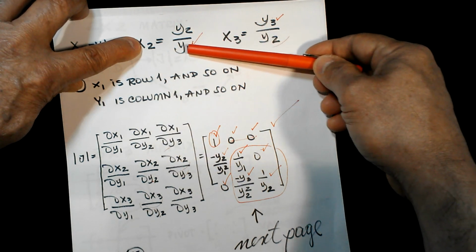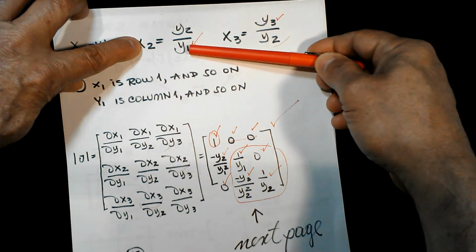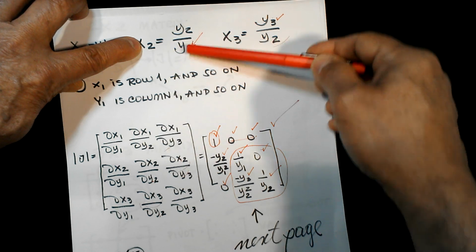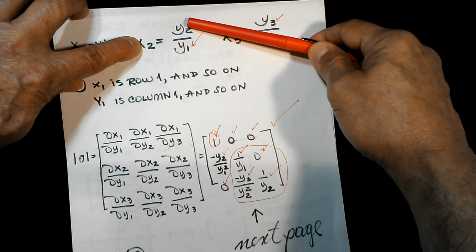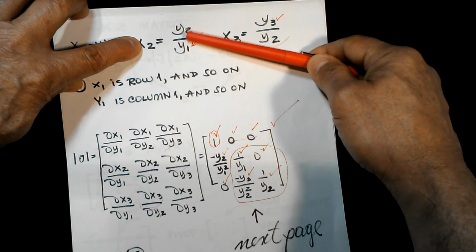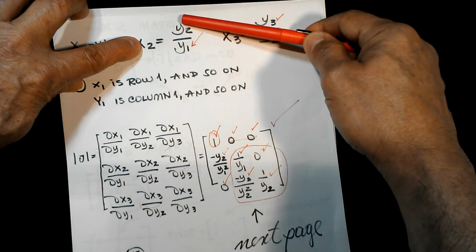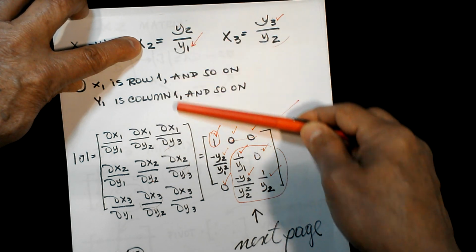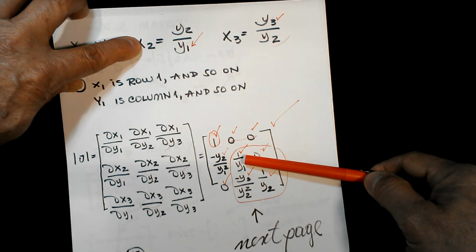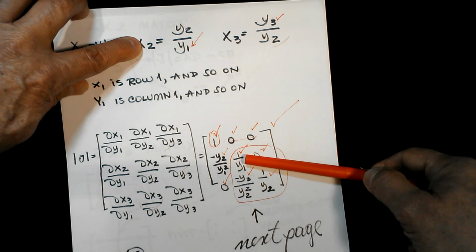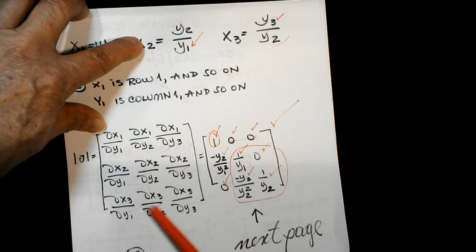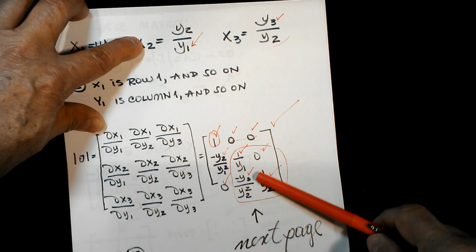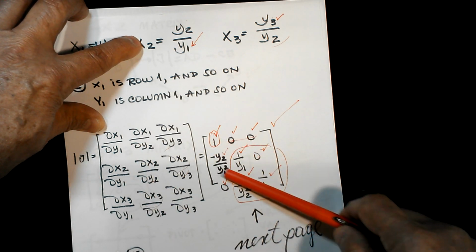The only time you take derivatives in the quotient rule is when your variable is in the denominator. For this cell, which is over y2, the variable is not in the denominator, therefore the denominator is a number. The derivative of y2 over y2 is number 1. The y1 stays, and you're going to see it right here, 1 over y1. We proceed in this manner to complete all the derivatives, and now we have a matrix of partial derivatives.